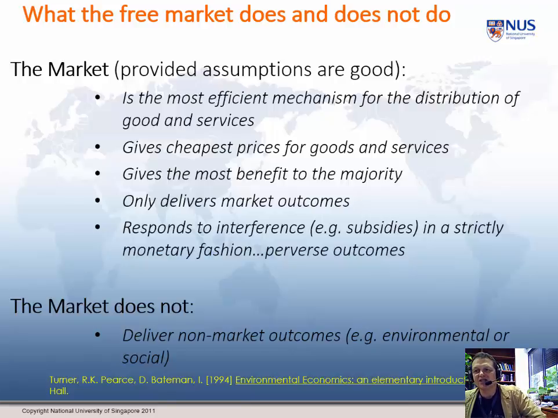So the market's not about other things. It's just about the operation of the buying and selling process. The market does respond to interferences like subsidies, but it does so in a strictly monetary fashion, which can give you, in policy terms, perverse outcomes.